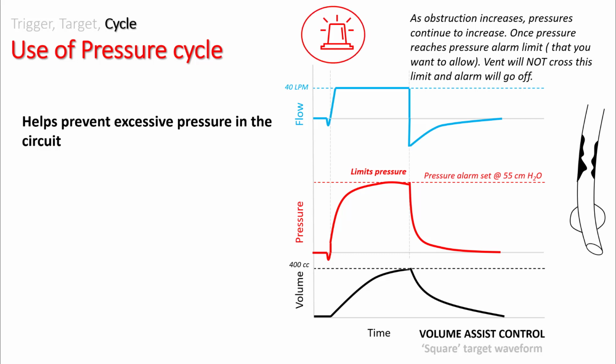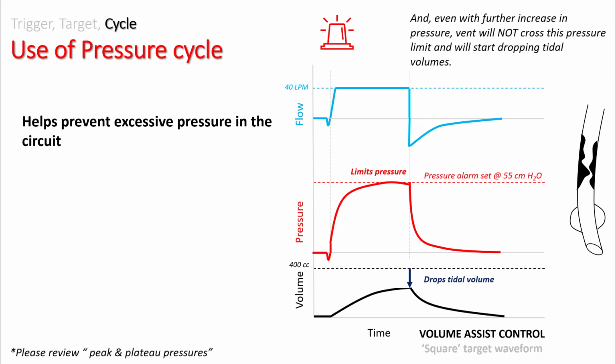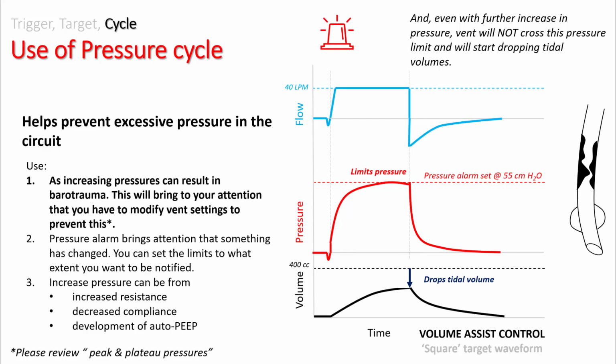Once the pressure reaches 55, the alarm is going to go off. Any further increase in resistance will limit the pressure to 55. Since you cannot cross this pressure and your target is flow, the only parameter that's going to come down is your volume. So pressure cycle modes are very useful in preventing barotrauma, and they also bring your attention that something is changing in the circuit.